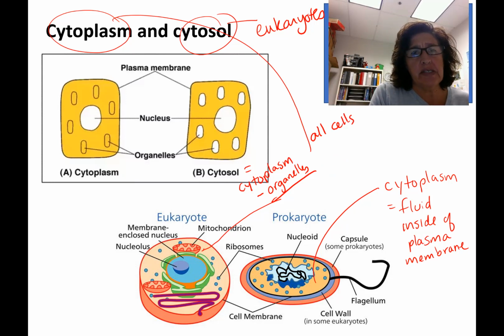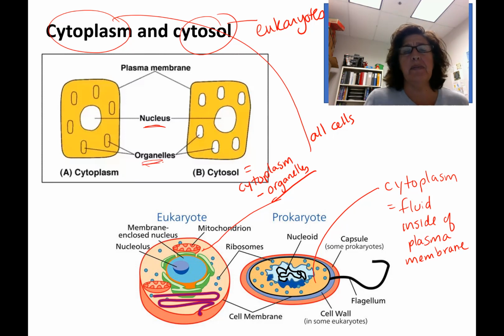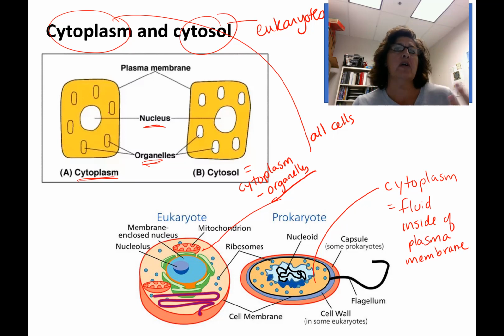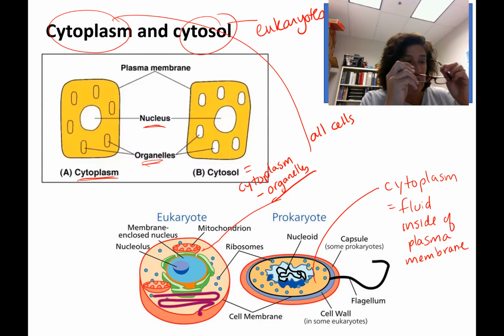So I think this diagram shows it nicely. Because this has a nucleus and membrane-bound organelles, this is a eukaryotic cell. So everything between the plasma membrane and the nucleus is called the cytoplasm, and that includes all these organelles. When you talk about the cytosol, you're saying it's all the fluid not including the organelles. So that's why I put cytoplasm minus organelles. I will admit, sorry, I gotta smudge up my glasses, that sometimes I get lazy and call everything cytoplasm, but the technically correct term for eukaryotic cells, not including the organelles, is cytosol.